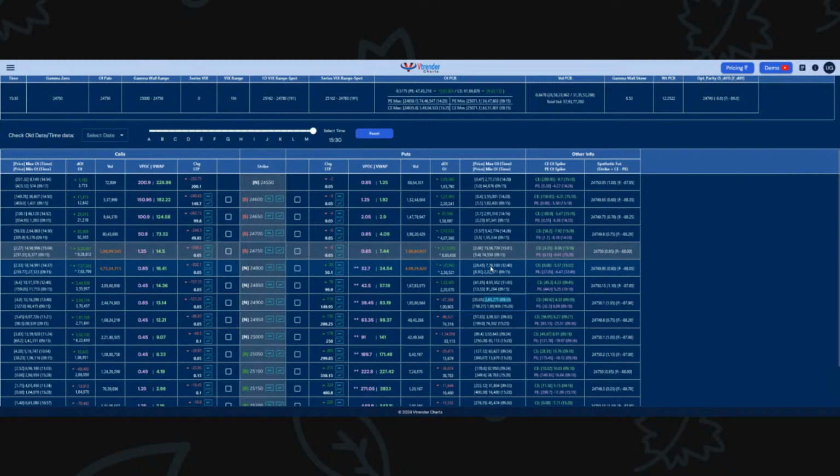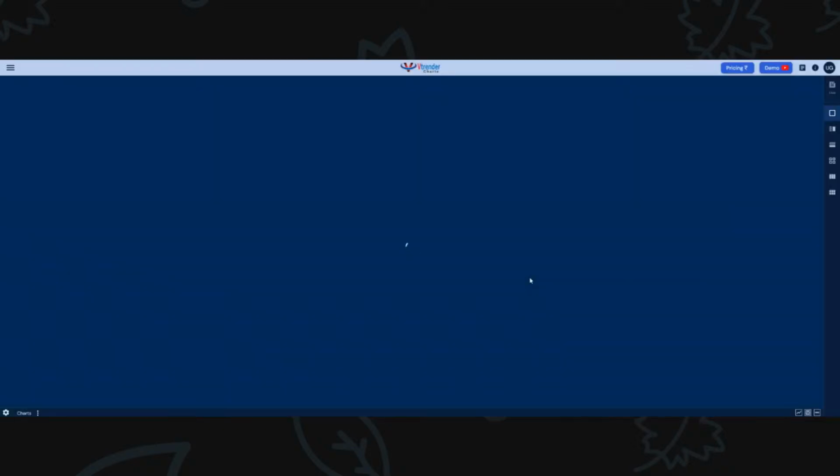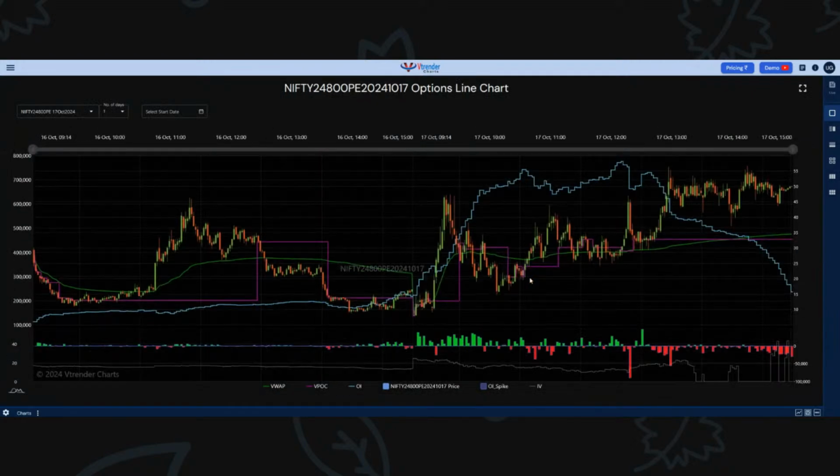So let us see if these writers also got a hit because they were the ones who were writing. So we are opening the line chart, and here you can see how the open interest was rising for the first half of the day, and then it again gave us a rise in the second half.